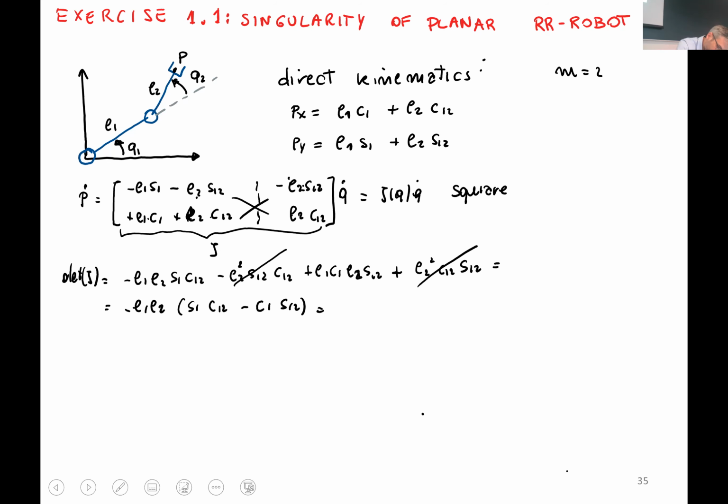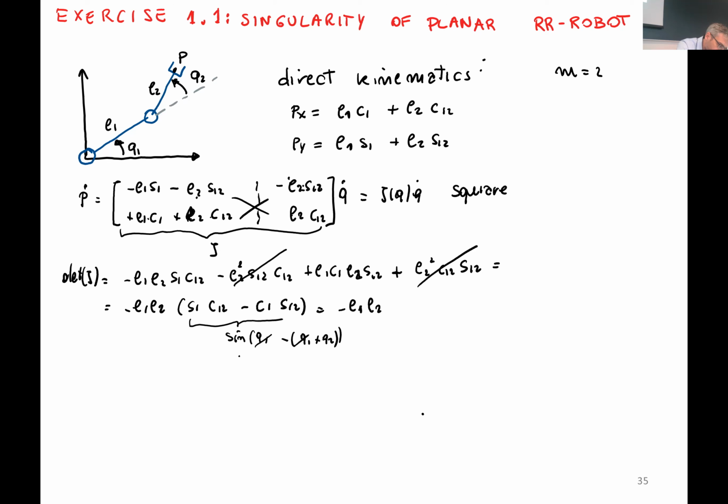And this is, because of the trigonometric identity, sine of q1 minus q1 plus q2.